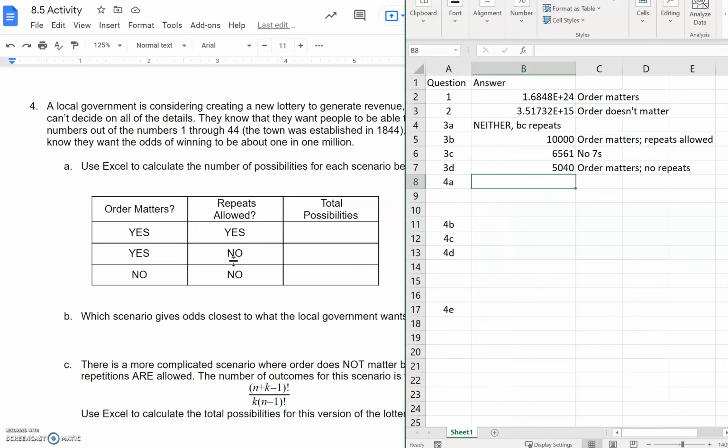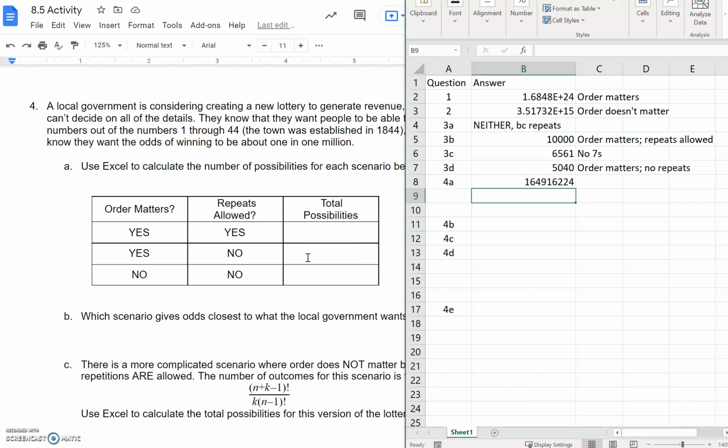If it's the case in part A, the very first part of part A here, where we have order matters, repeats allowed, that means we're saying, okay, cool, we have 44 choices for the first, 44 for the second, 44 for the third, etc. So this sounds like 44 to the 5th, right, which is going to be a pretty big number.